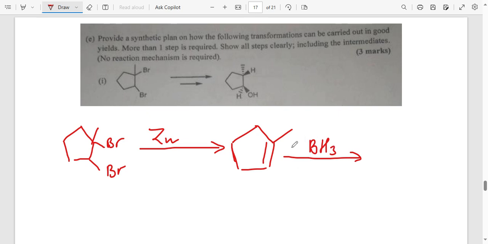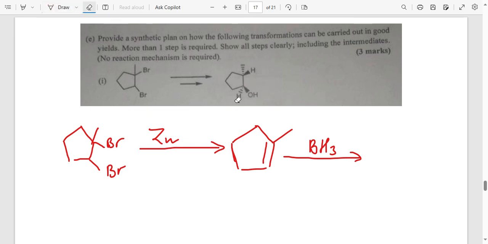Do you remember the mechanism with BH3? I just want someone to describe just a bit, not going into details. What happens when you're reacting an alkene with BH3? So I've discarded using water because the OH will not come and attach here.